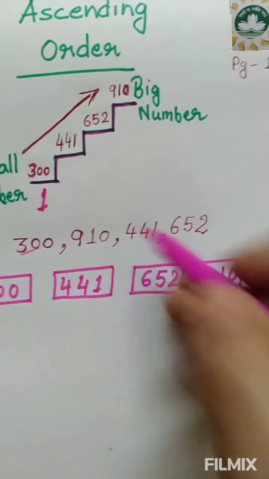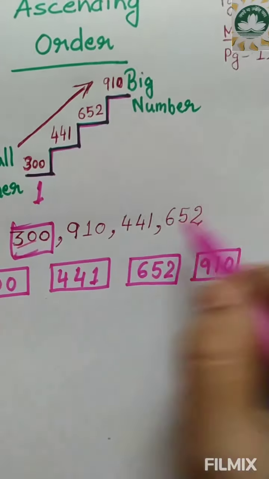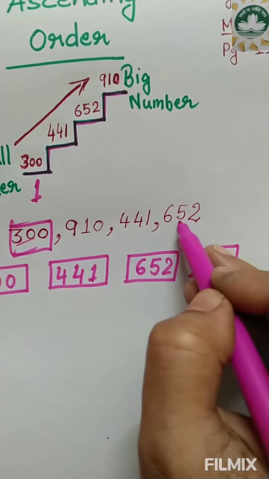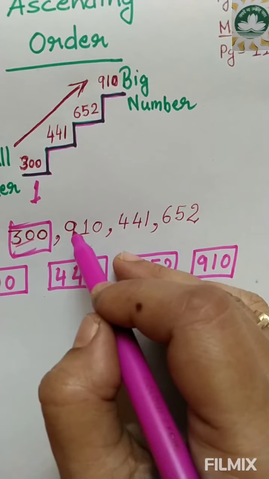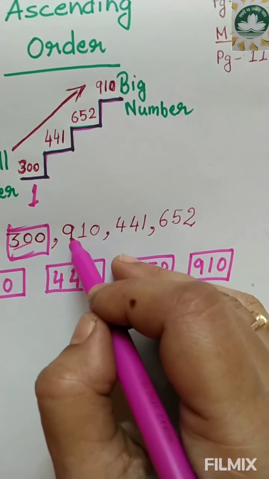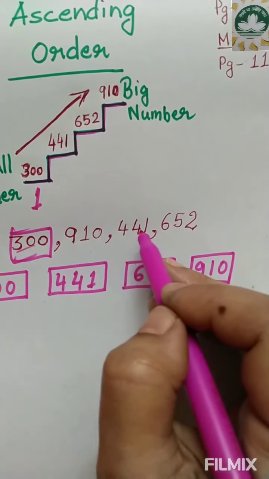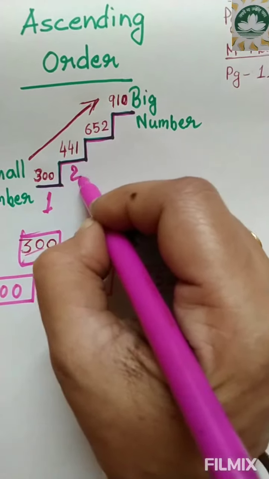Now if we just forget this number, now we have 3 more numbers. So out of this 9, 4 and 6, if you compare the hundreds place number from the left hand side, so 9, 4 and 6, which is small? 441. So we will write down 441 in the second place.